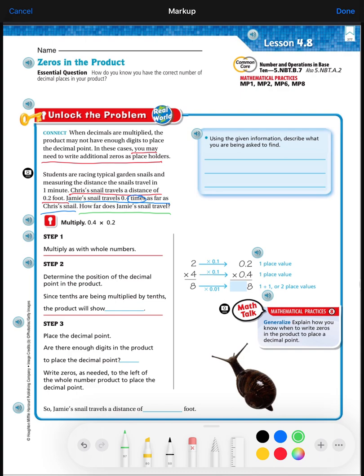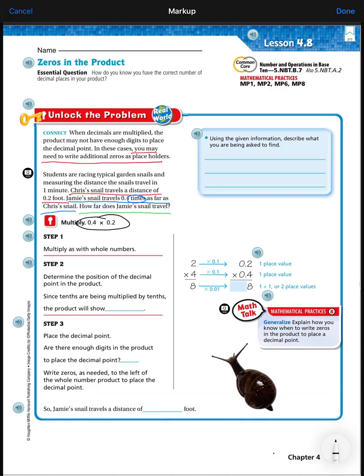So we know that we're multiplying because it said times as much, and it also told us to find the product. So we are multiplying 0.4 by 0.2, okay? It says multiply as whole numbers. We can do that. They've actually done that for us over here in this section.